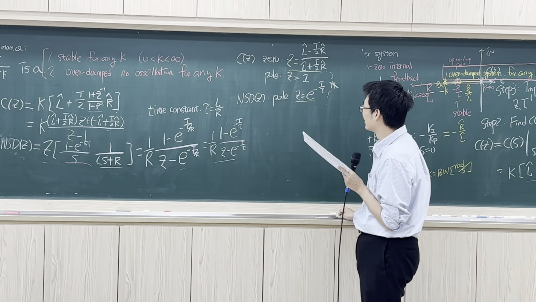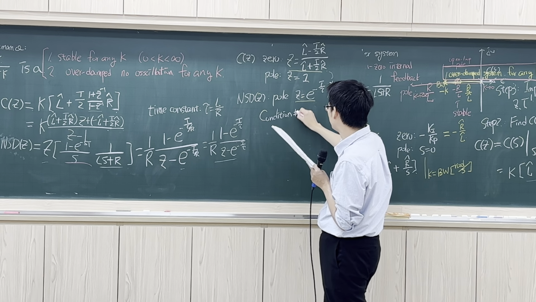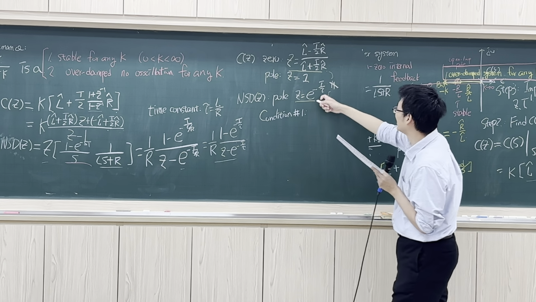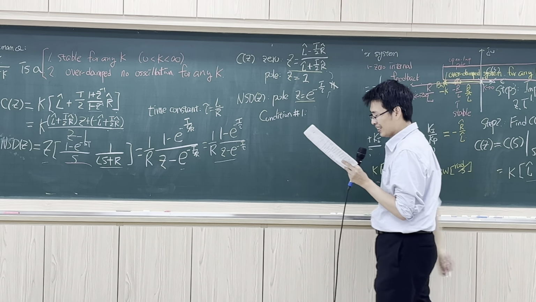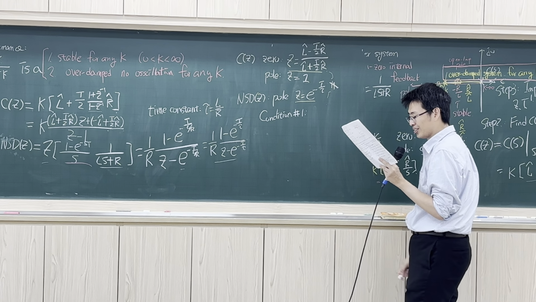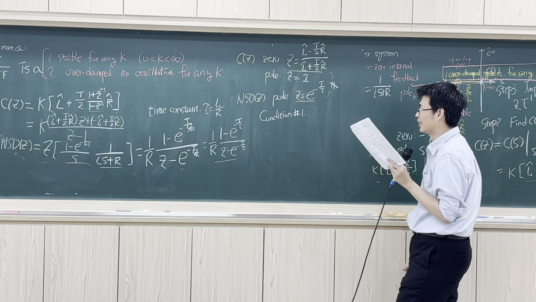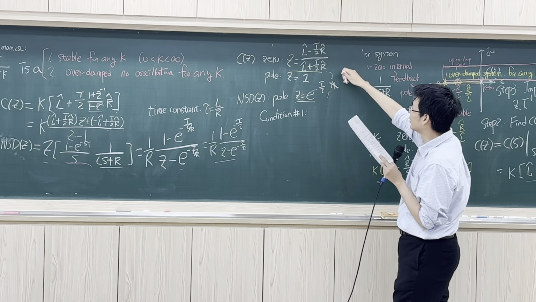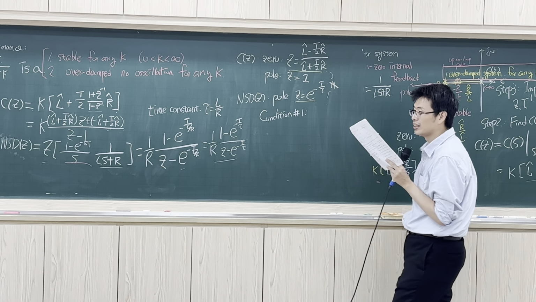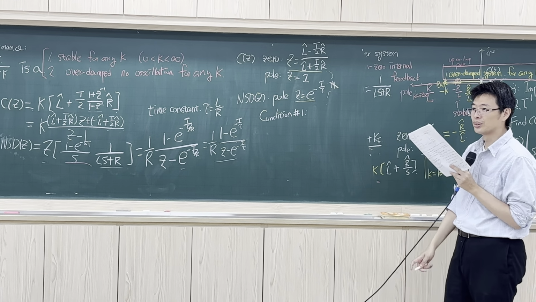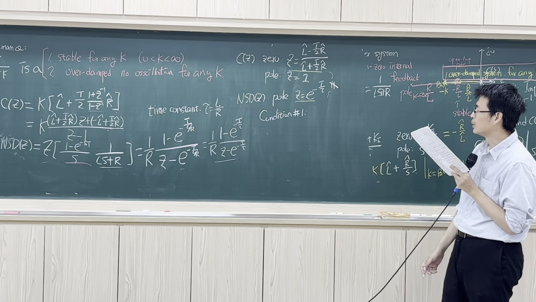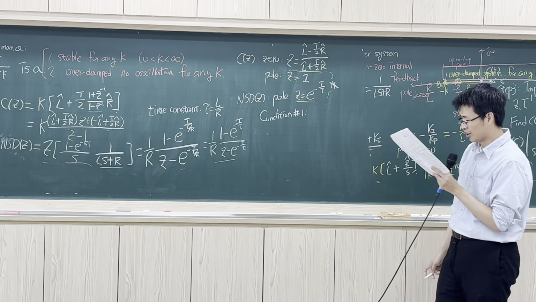But I'm going to show you three different conditions. Because we have parameters T, L, and R, I'm going to show you some conditions. First, if we want to analyze the pole-zero cancellation performance, we should define these parameters with actual values.